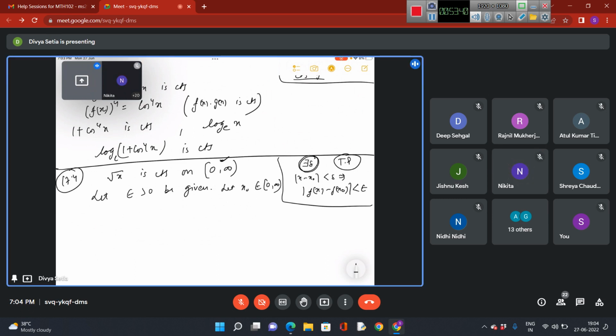Otherwise, you'll go to the complex numbers because square root of negative numbers will just create iota. So to stay in real numbers, that's why we have put the restriction on the domain. Everything is important. While solving a problem, notice each and everything, why this condition has to be given.